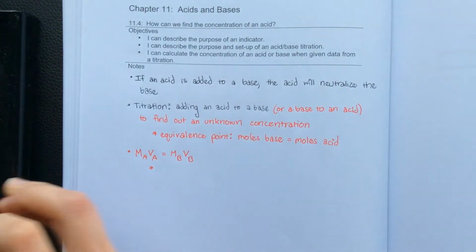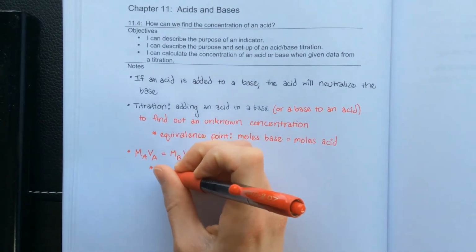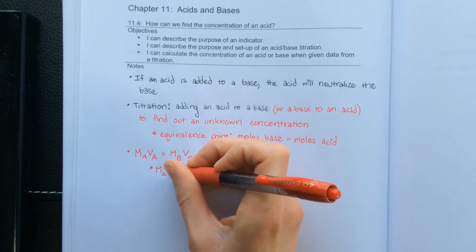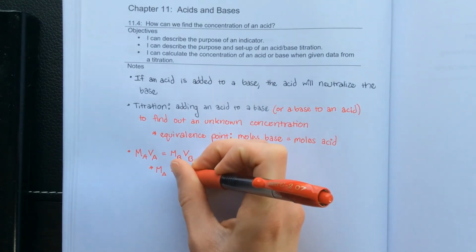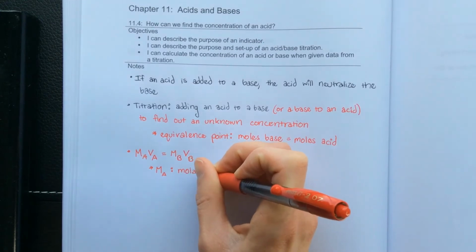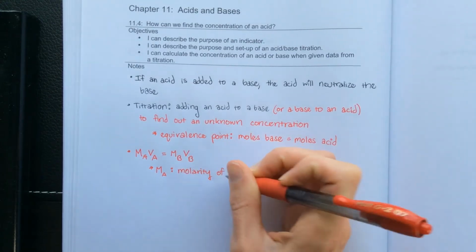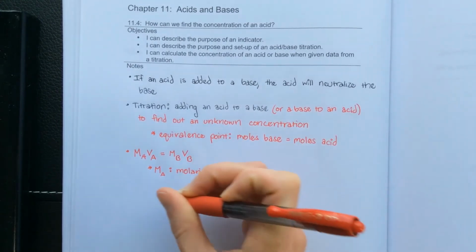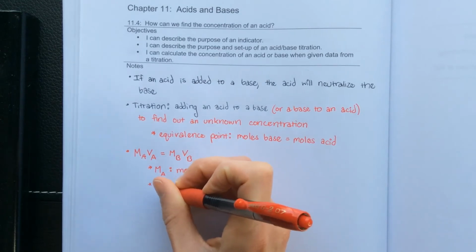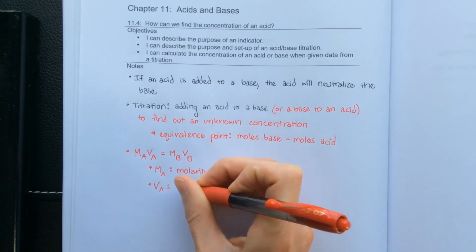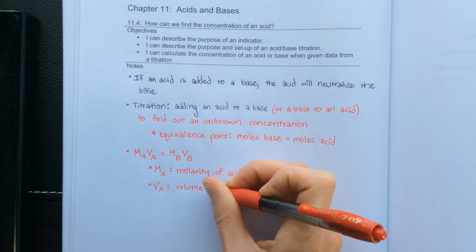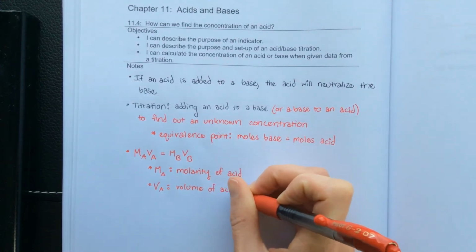You probably know what these things stand for, but let's just make sure everyone's on the same page. MA is the molarity, or the concentration, of the acid. VA is the volume of the acid, and remember, volume can be measured in liters or milliliters.